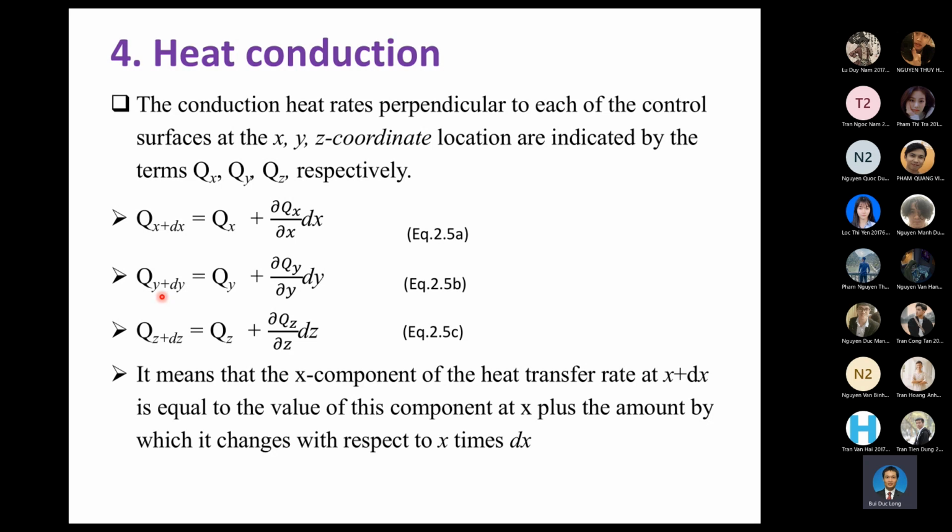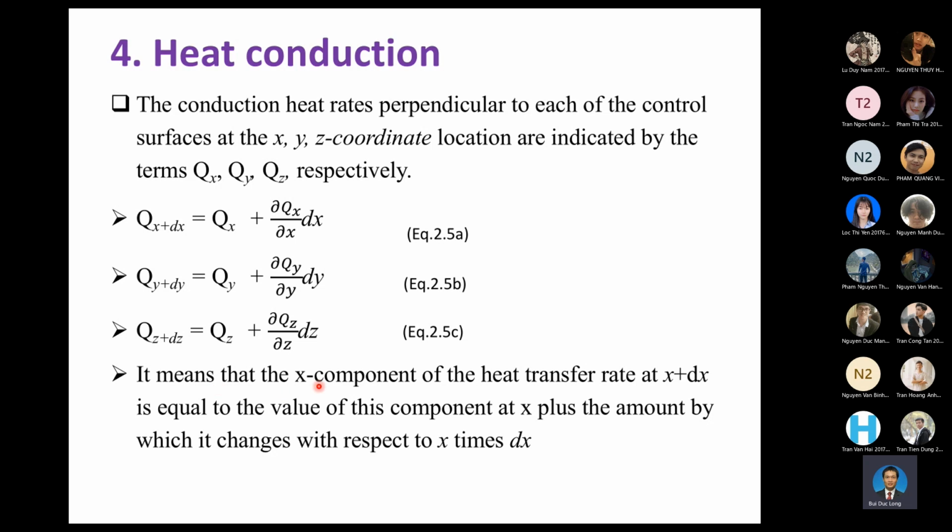So we have the rate of heat transfer in the y direction, at the position y plus dy.